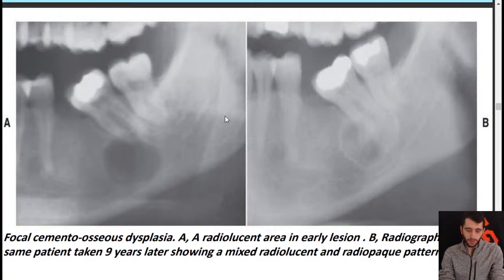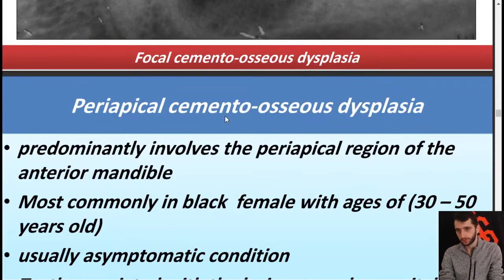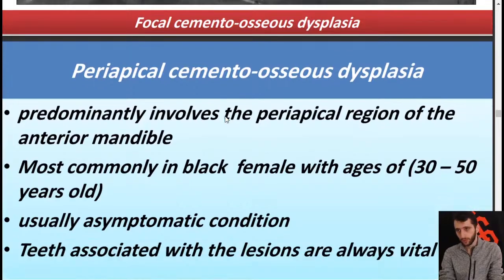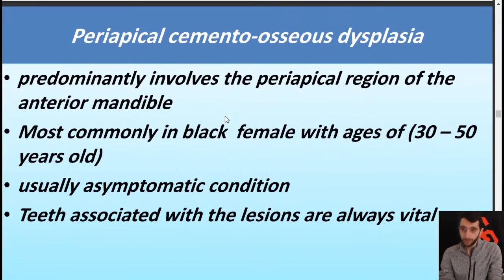Peripheral being the anterior, as we'll discuss later. This was the focal, then periapical, present in females with the mandibular jaw.